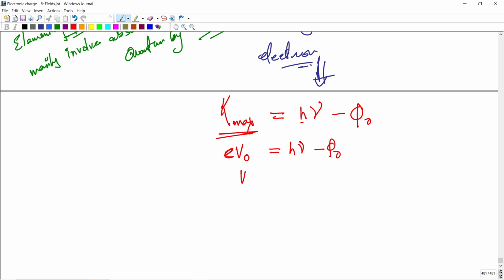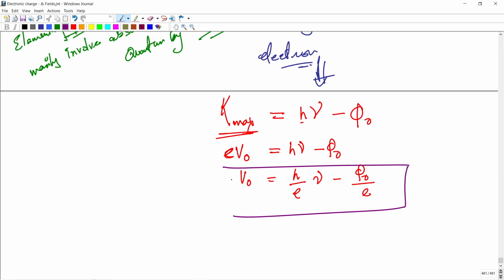So V naught equals h by e times nu minus phi naught by e. Here h by e is a constant, nu frequency is the variable, phi naught is the metal work function, a constant, and e the elementary charge is also constant. That is the famous Einstein photoelectric equation.